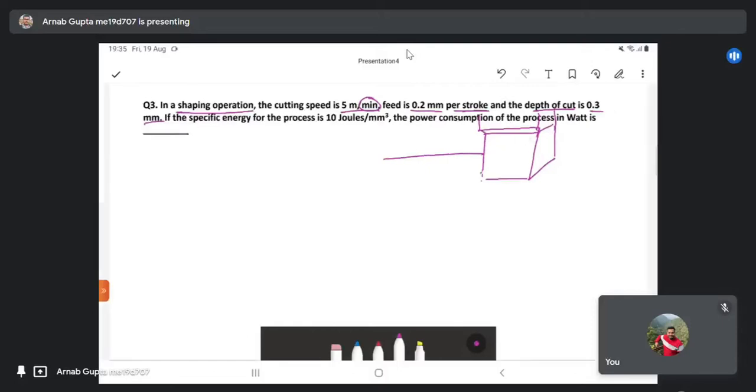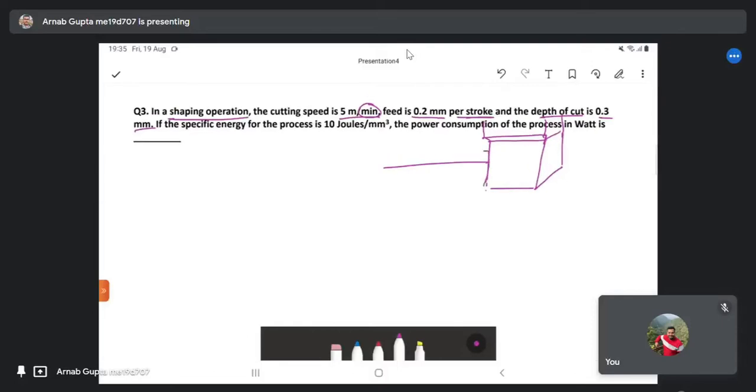So you have the material which is getting removed here.